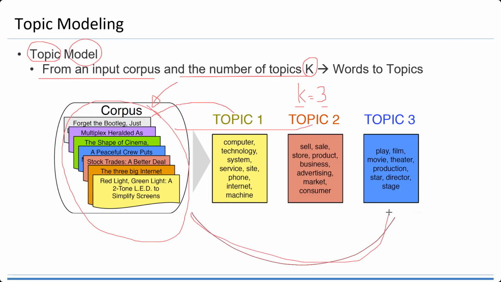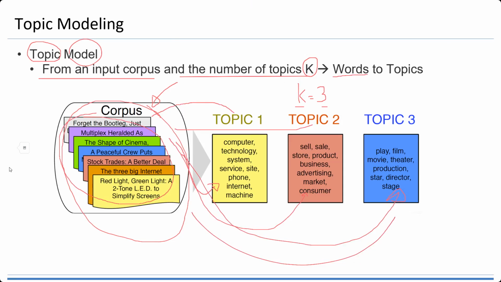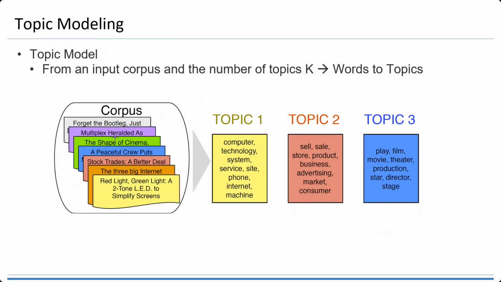For example, there are many words here, and we will check whether the words belong to this topic, or this topic, or this topic. Because there are so many documents, sometimes we cannot cluster or group them.